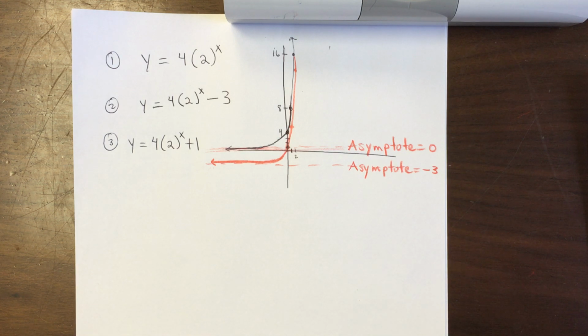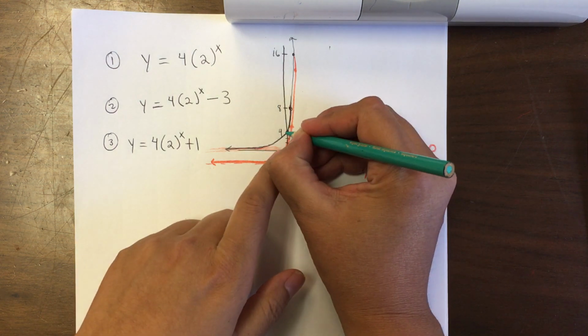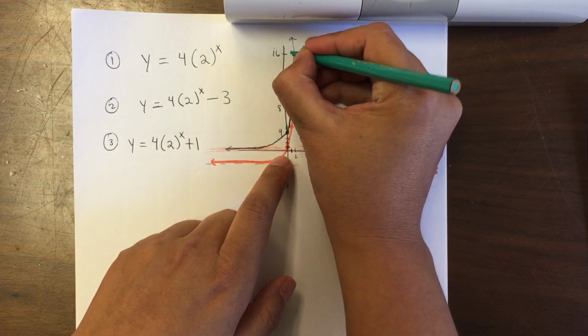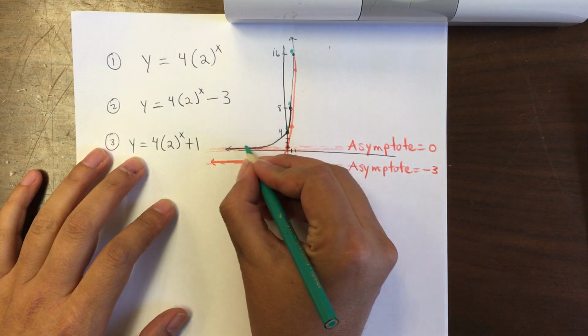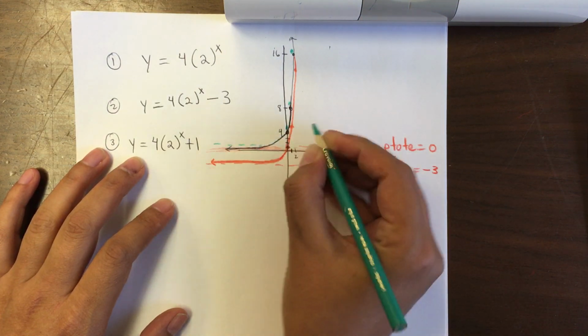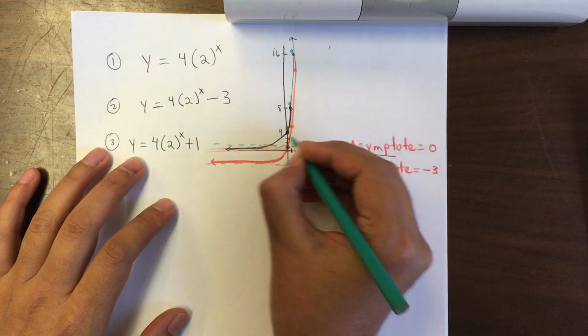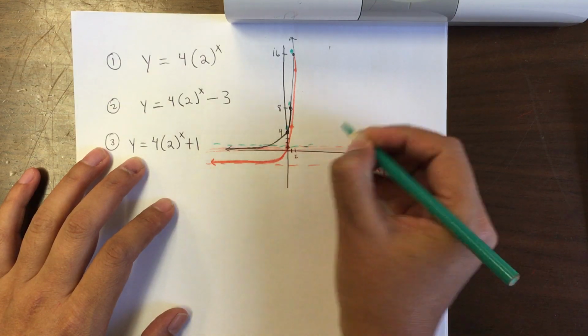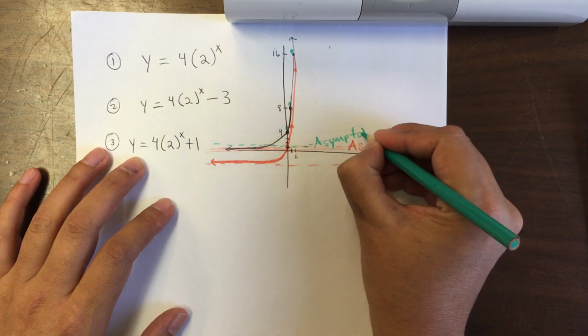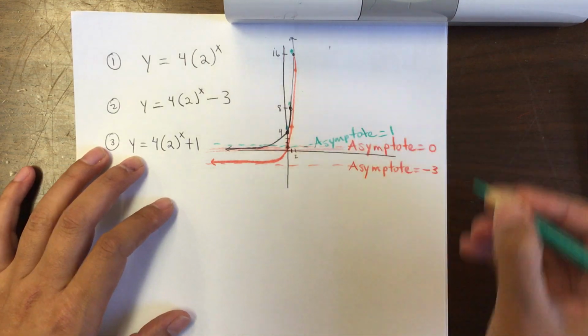What that does is it's going to go up. Every point is going to go up by 1. And so my asymptote is going to go up by 1. The asymptote is equal to 1.